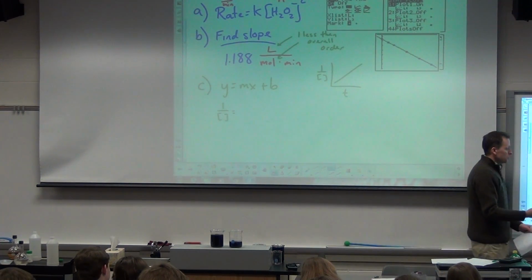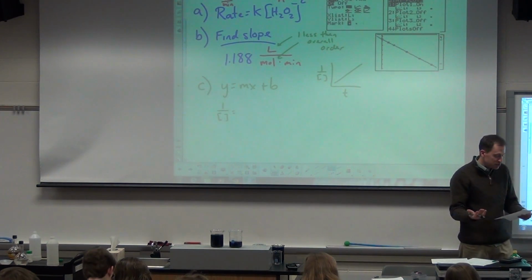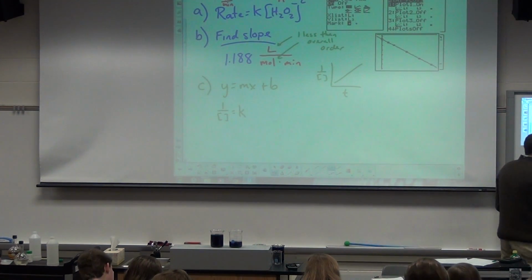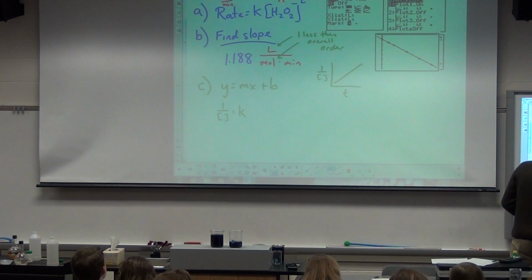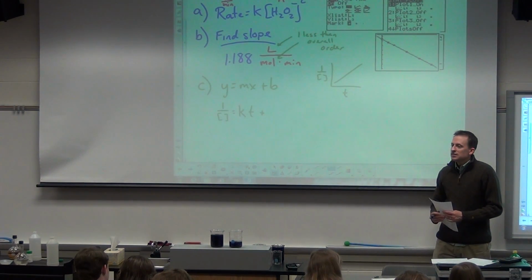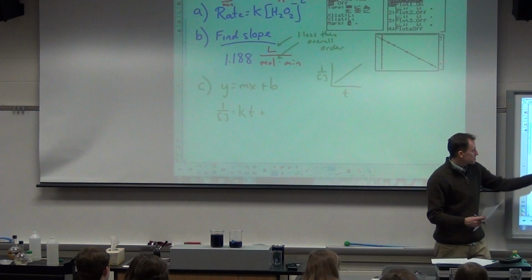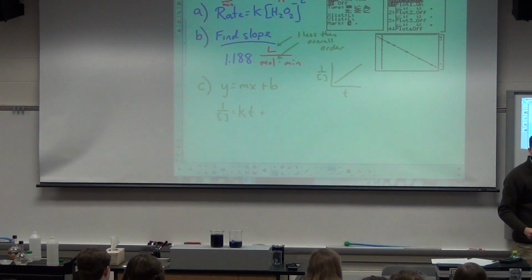What's m mean? That's slope. So what did we learn slope is? It's k, right? My x is my time. And what's b? Where it intercepts on the y-axis, correct? Yep. So that means it's my initial amount before I start.